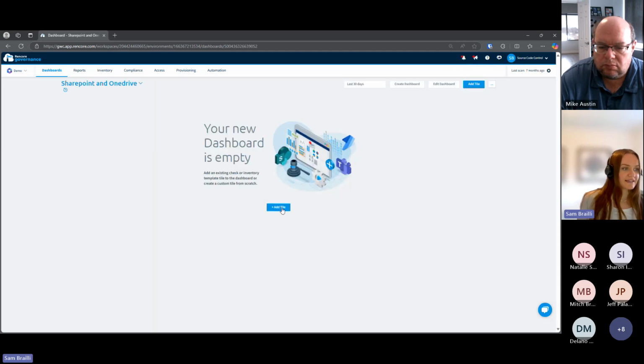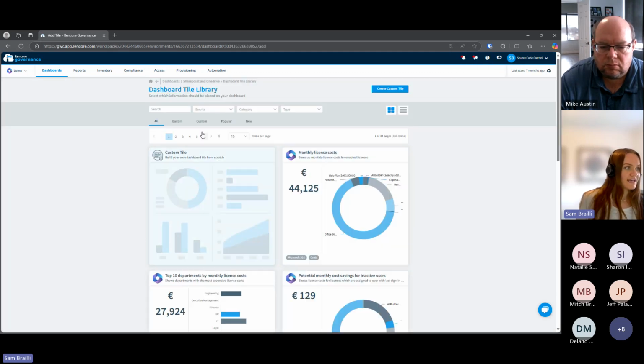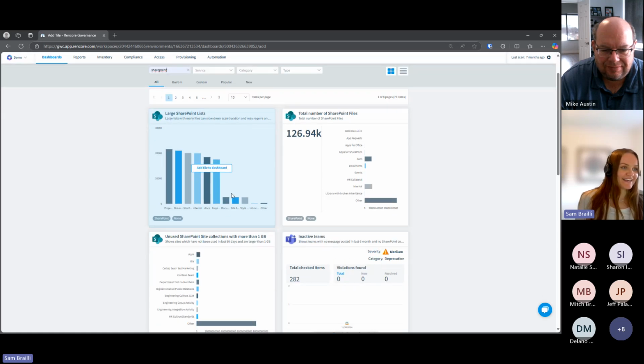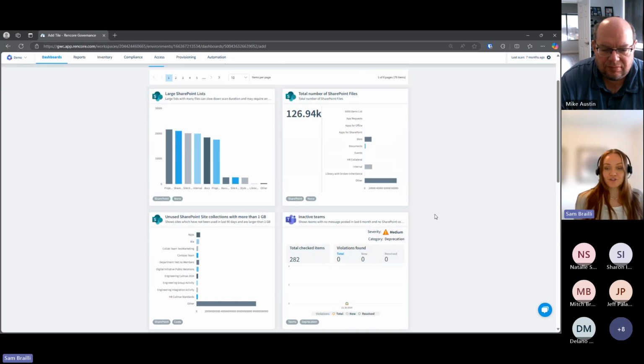We can click that, add some new titles, and then if we search in here, you can see I've done this before. We've got SharePoint here, and you can simply add in any interesting dashboards that might be relevant for you. This could also be great if you've got multiple users utilizing the Rencore dashboard, then they can come in and make customizable ones that are relevant to their role and responsibilities.